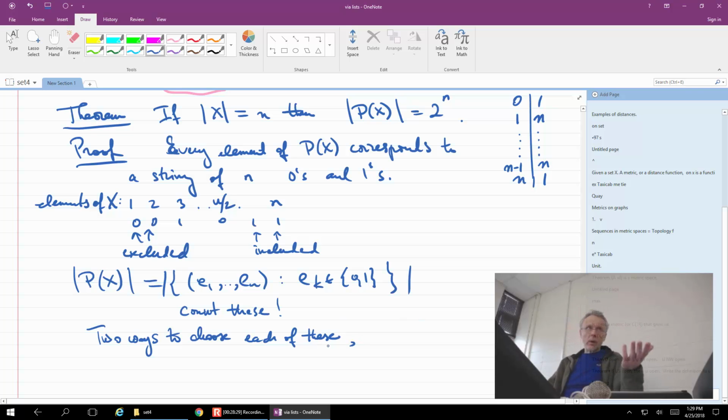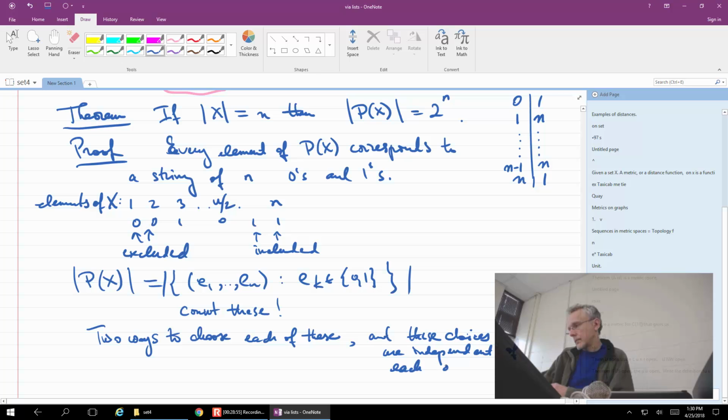So 0, 1, two choices, right? And then you realize that what is important here, and in probability, is to watch out for the choices being independent of each other. So independence of choices is crucial.